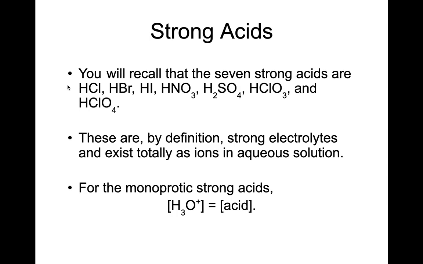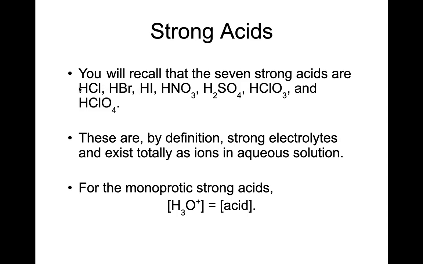Now you'll see this third bullet point says for the monoprotic strong acids, mono means one, protic means proton. So the strong acids that have just one proton, one hydrogen bonded in them, that's all but this one, the concentration of hydrogen ions or hydronium ions that they will produce in solution is exactly equal to the concentration of the compound that went into the solution.